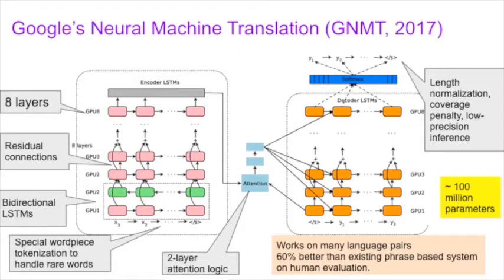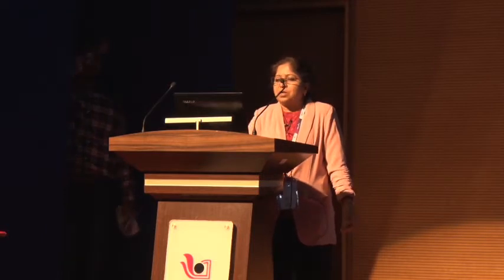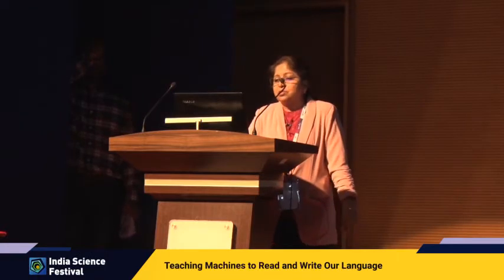This diagram here is showing the architecture of one high performing machine translation system which is based on deep networks. It is called the GNMT model. This is as of 2017 and things have evolved a lot since then. But even if you look at this 2017 diagram, you will get a sense of the complexity that is involved in creating modern translation systems.